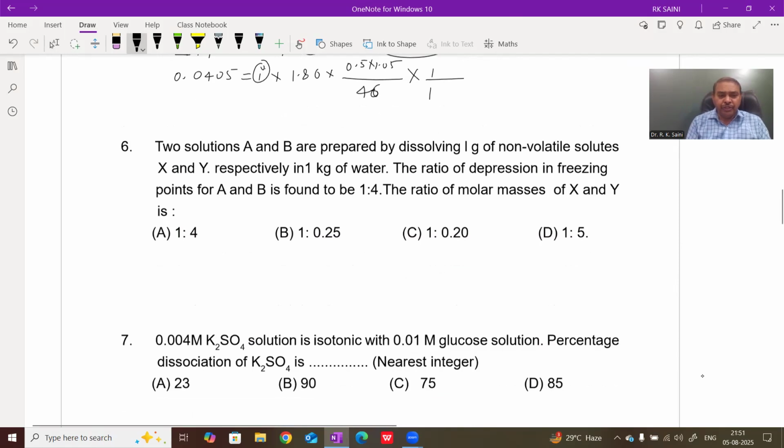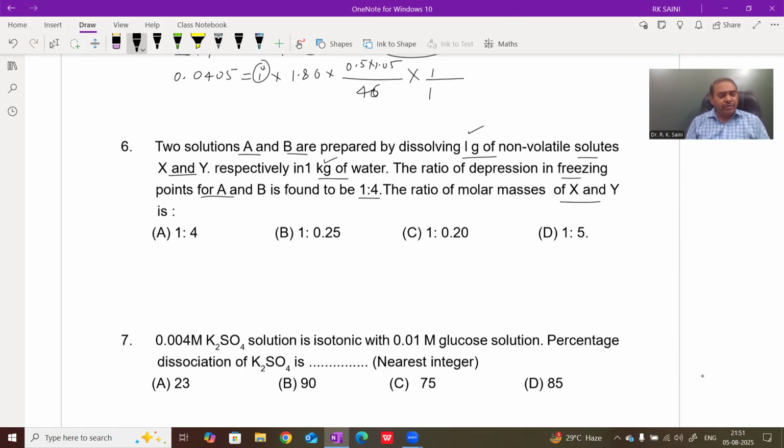Two solutions A and B are prepared by dissolving 1 gram of non-volatile solutes X and Y respectively in 1 kg solvent. Amount of solute is equal, weight of solvent is equal, and the ratio of depression in their freezing point of A to B is given as 1:4. Then find the ratio of their molar mass.